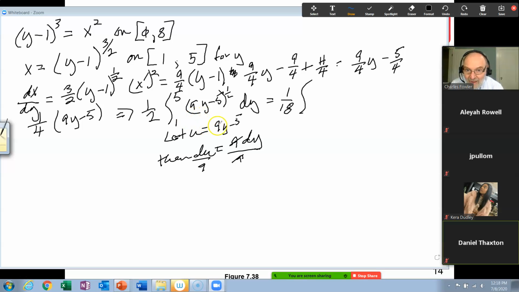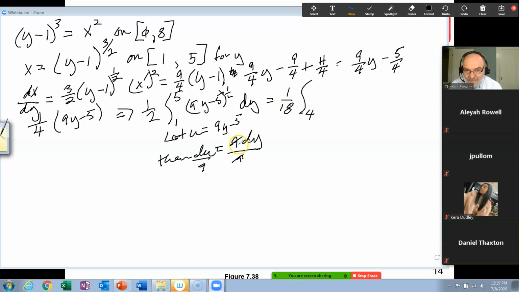When y is equal to 1, this would be 9 minus 5. U would be 4. Does everybody see that? When y is equal to 1, the lower limit here would be 9 times 1, which would be 9 minus 5 is 4. U would be 4.